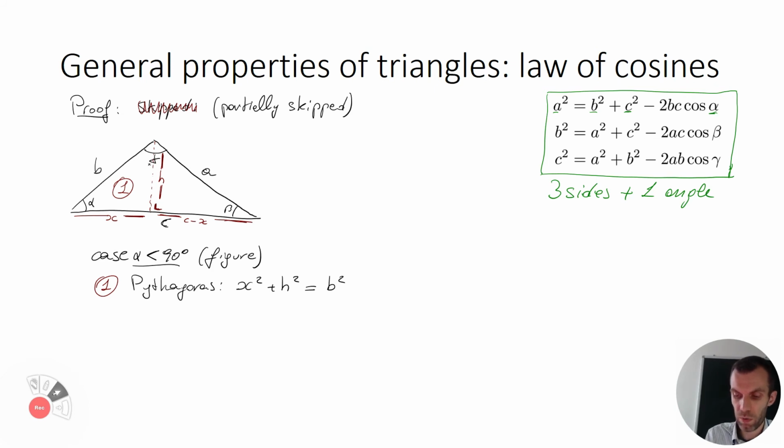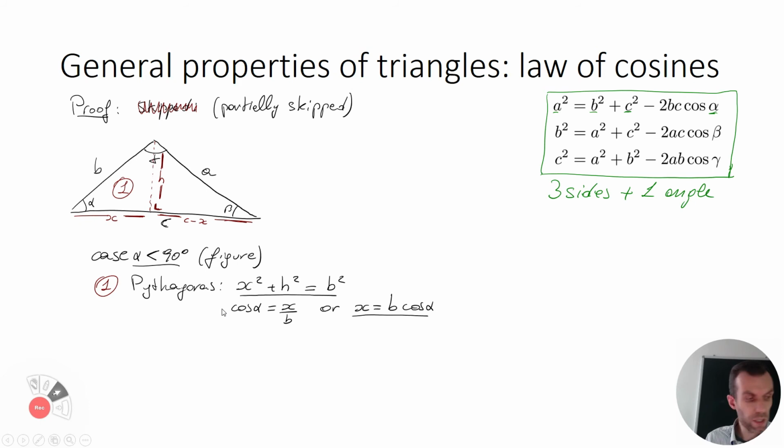So this side plus this side, the squares of that is equal to the hypotenuse squared. And I also know that cosine of alpha is equal to x divided by b, or in other words, x is equal to b times cosine alpha. And it's this form that we'll use, as well as this expression.